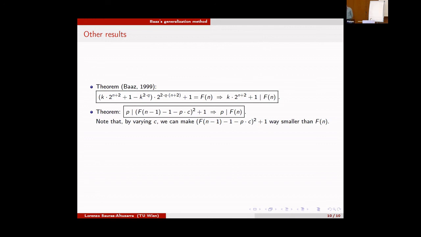And I see this potential because precisely by varying C, we can make this value quite small in comparison with the nth Fermat number.